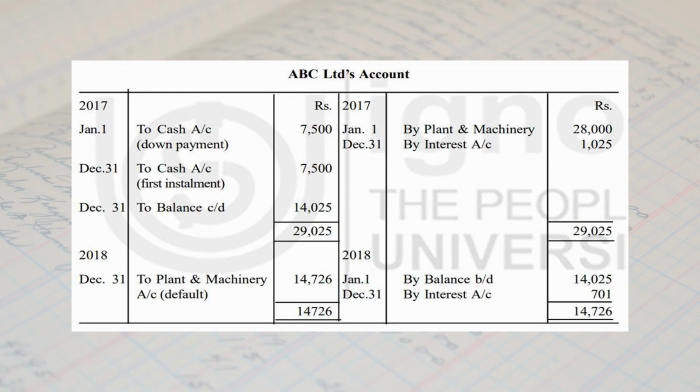This is the entry in case of default where the hire purchaser could not make the payment. So, this is the balancing figure also, 14,726. In the case of default, the entry made by the hire purchaser was ABC Limited account debit, that is the hire vendor account debit, to plant and machine.